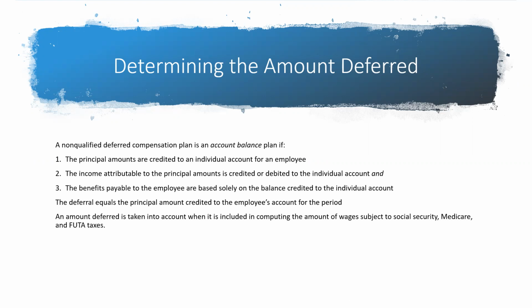Simply stated, a non-account balance plan is any plan that is not an account balance plan. The amount deferred for a period under a non-account balance plan equals the present value of the additional future payments to which the employee has obtained a legally binding right for that period.